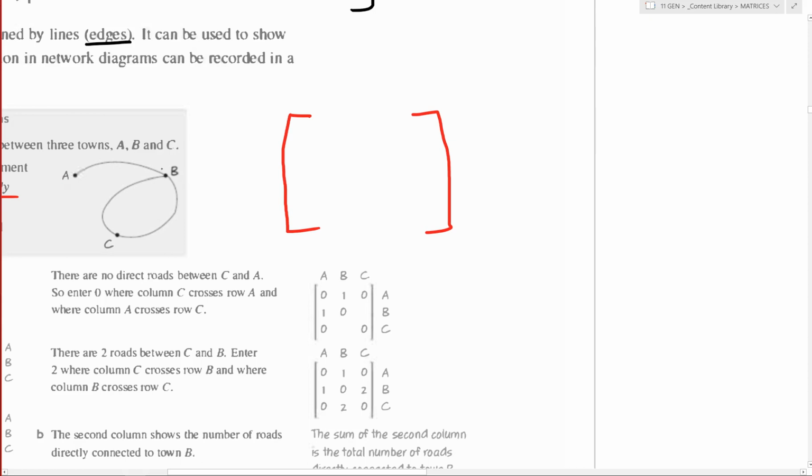In this case, we have 1, 2, 3, so this should be a 3 by 3 matrix: A, B, C, and A, B, C. So let's do that. From A to A, there's no connection. A to B, there's one connection. A to C, there are no connections. B to A, there is one connection. B to B is 0. B to C, you've got 2 there.